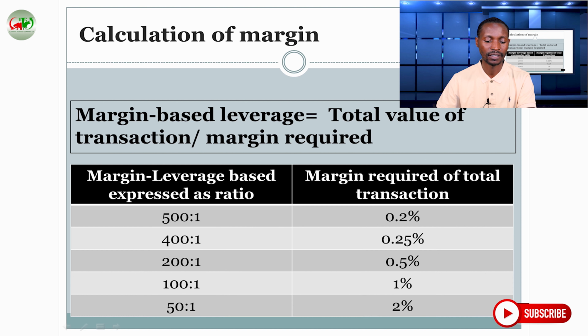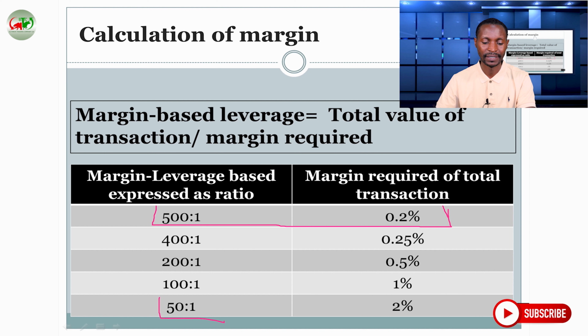If, for example, you have a broker which has a leverage of 500 over 1, this is equal to 0.2%. It is simply 1 over 500, which is equivalent to 0.2%.